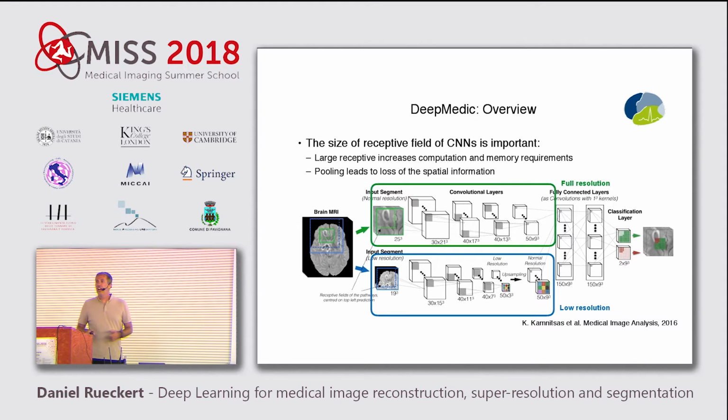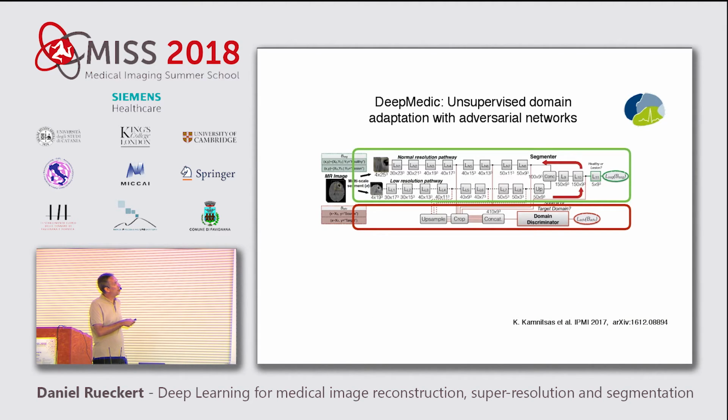And how do we now make this robust to data from different domains? What you probably see is that I still have my traditional segmentation approach here. You see that I have two different pathways, the full resolution pathway and the low resolution pathway, and they produce a segmentation. So this green box here is exactly the standard DeepMedic neural network.